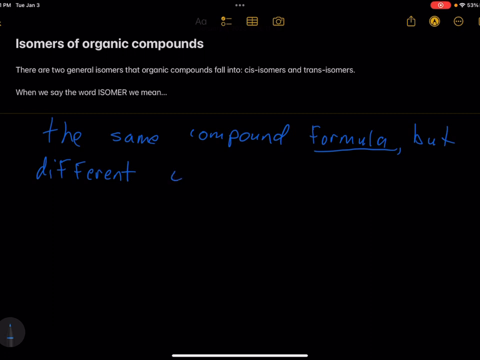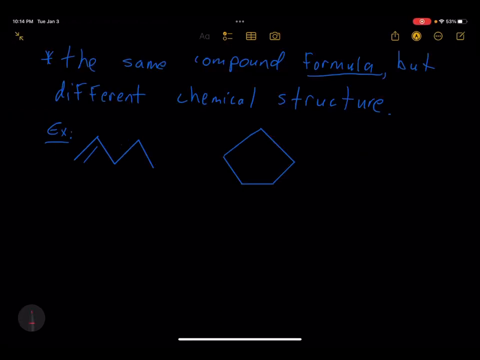We would say stereo structure, but we can say chemical structure. And what that really means is the way that the compound looks is a little different. But if I were to write the empirical formula down, they would appear to be the same.